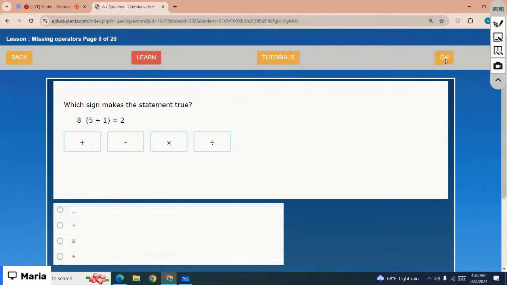Which sign makes the statement true? Which is the correct option? That is minus.